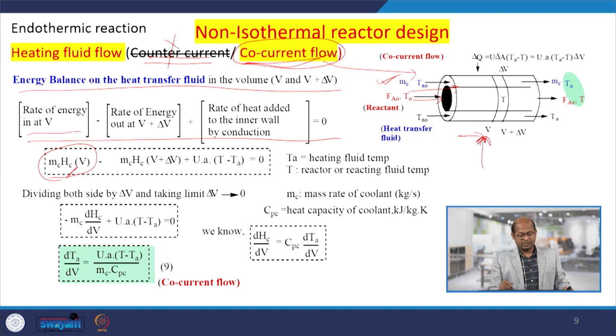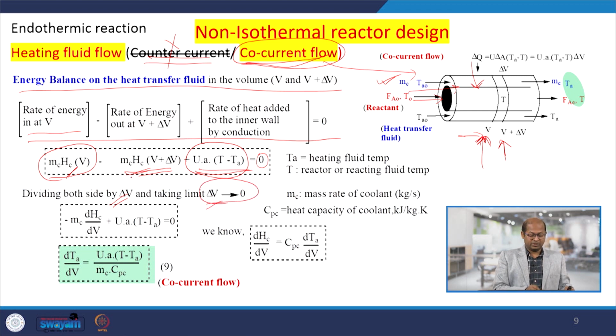Then the rate of energy out at the point V plus delta V. The rate of heat added through the inner wall, the amount of heat supplied through the reactor walls, equals U A (T minus Ta). There is no accumulation, meaning steady state, so that part is 0. Now if we divide both sides, left hand side and right hand side, by delta V, and take the limit delta V tends to 0.